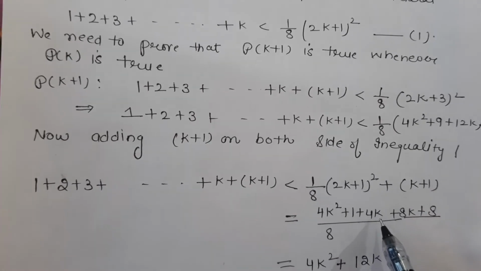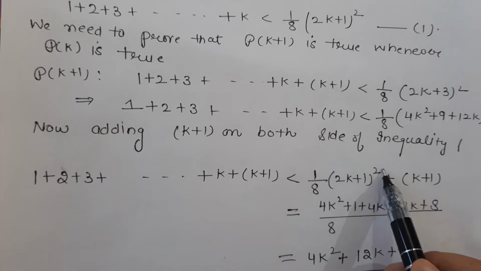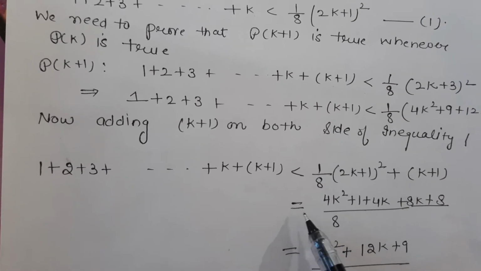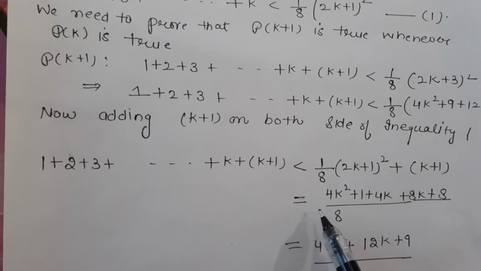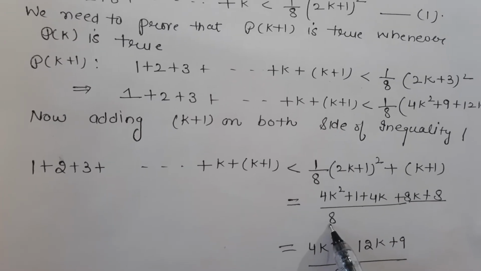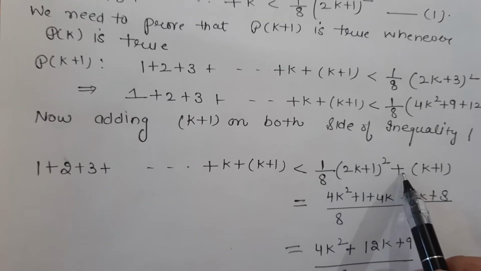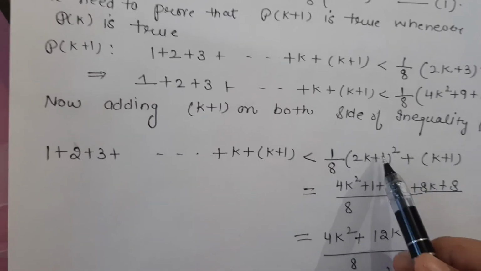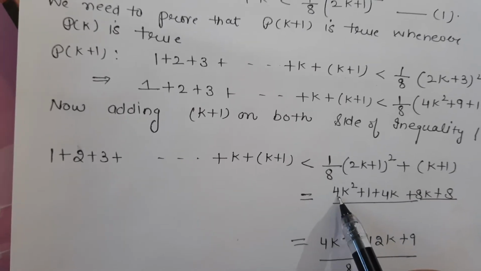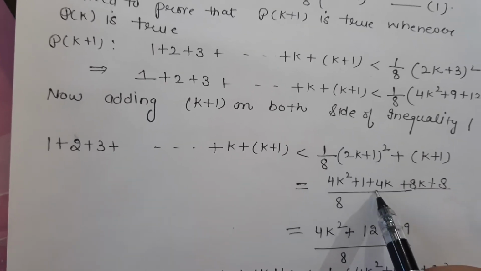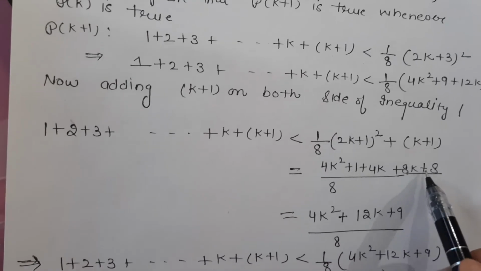I'm just simplifying the right hand side here. This term is equal to this, that's why I have written this equal sign. This is 1 by 8 times, take LCM 8, if you have 2k plus 1 whole square plus 8 times k plus 1. Expand the square, you'll have 4k square plus 1 plus 4k plus 8k plus 8.